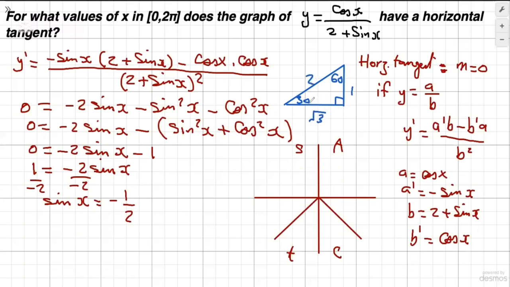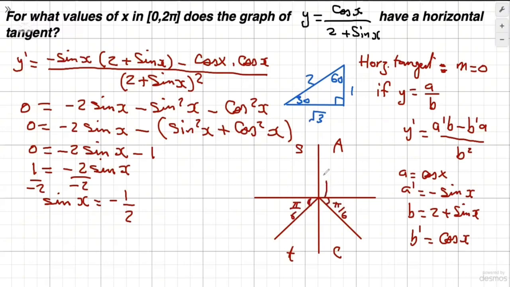The angle that has a sine of 1/2 is 30 degrees, because sine 30 is 1/2. And of course, we have to find the angle in radians since it's between 0 and 2 pi. 30 degrees in radians is pi over 6. So you stick pi over 6 right here and right here. That means the reference angle here is pi over 6, and also here is pi over 6.